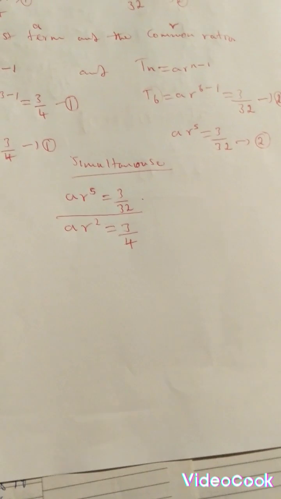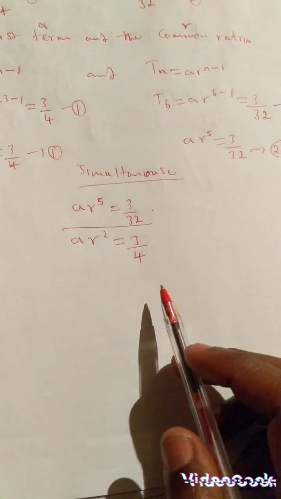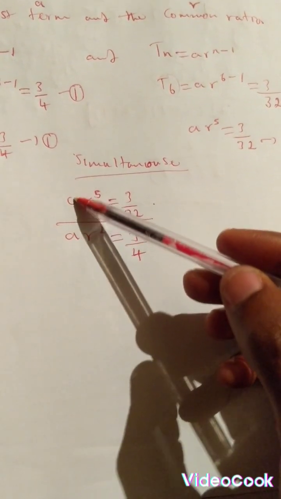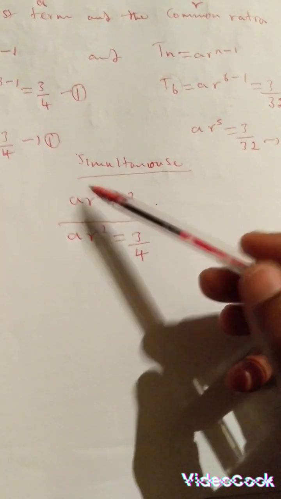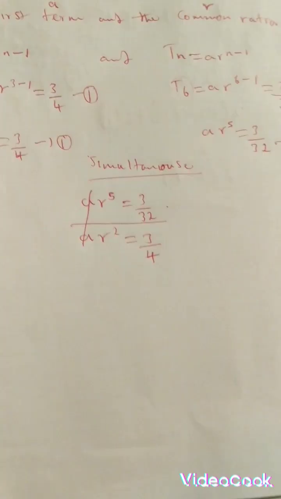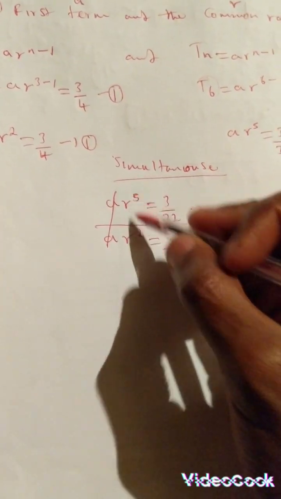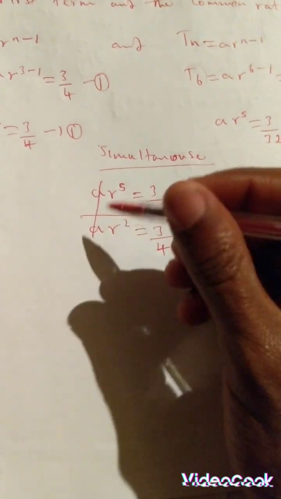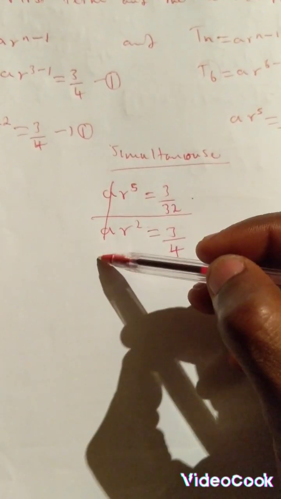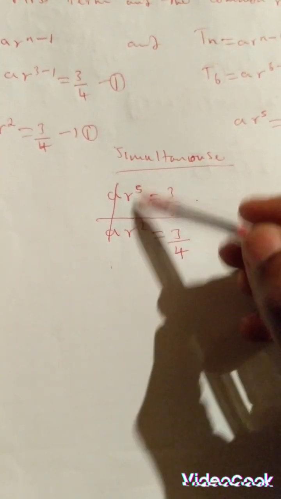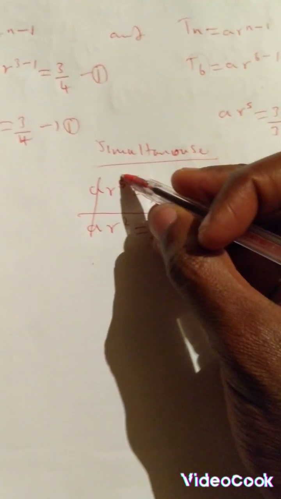Okay, we are going to have something like this. After we have found this, what is next? You remember in simultaneous equations we were taught to say, what is common, we do what? We cancel. So from here we are going to cancel the a, meaning there is 0 here. Now we are going to concentrate on the r. Are we together? Here how many r do we have? 5.